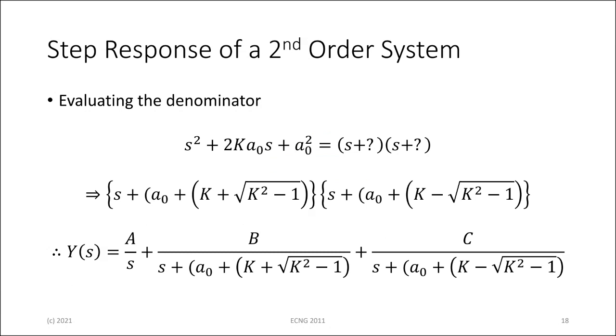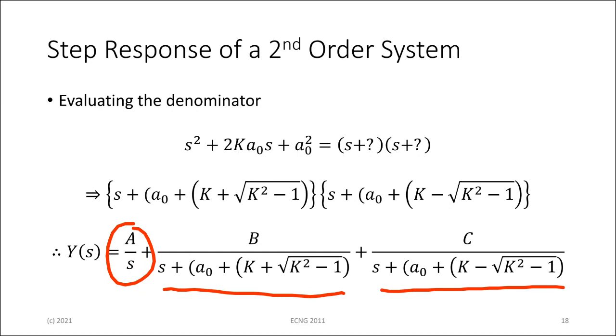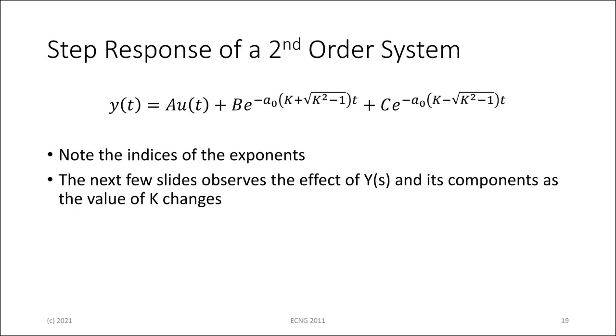You just simply apply the quadratic formula to it, and you get that the answer is going to be composed of three parts: something over s, which is a part that behaves like this step. Then we have this bit here and this bit here. Of course, you can solve for the A's, B's, and C's depending on the scenario, but that's kind of irrelevant at this point in time.